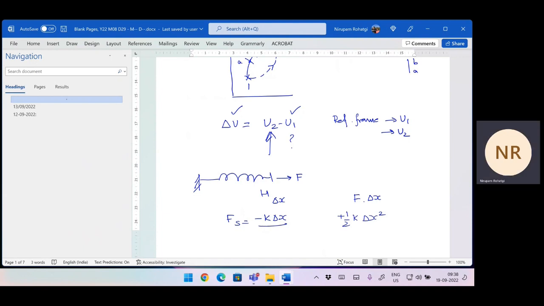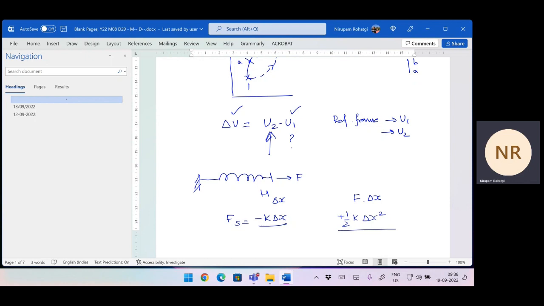So you apply a full force, but the spring is applying a force equal to minus k delta x. So the energy stored within the spring is k delta x square by 2. But the remaining energy goes into the kinetic energy of the spring, and the spring keeps on oscillating, and finally it gets dissipated, converted to heat.